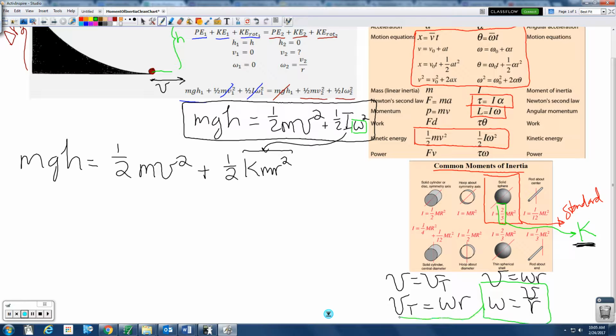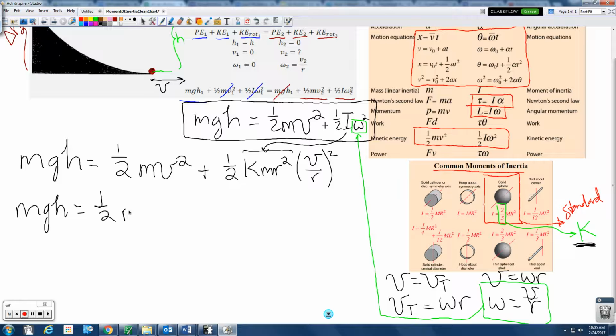That's what's going to be substituted into this energy equation. So let's take this guy, going in for omega. We still have to square it, but substituting in for omega. So I put in my k, mr squared, that's the moment of inertia I, and now I have, I'll just put in parentheses so you can see it, v over r, and squared. That's what that omega is. So let's make sure we distribute our exponents properly.